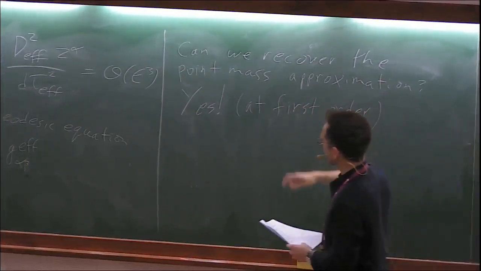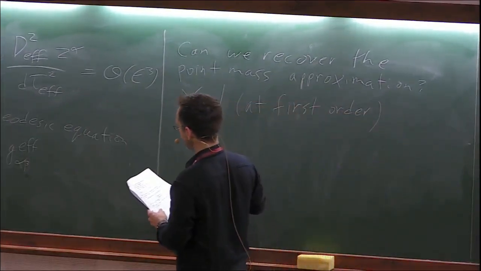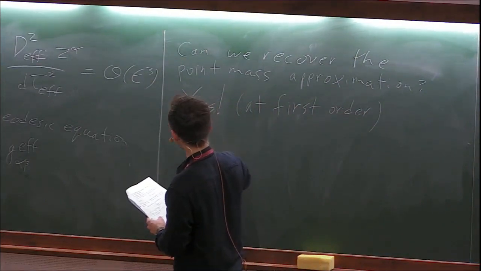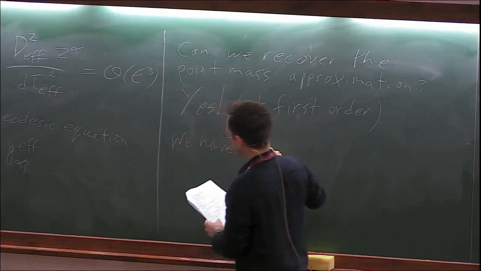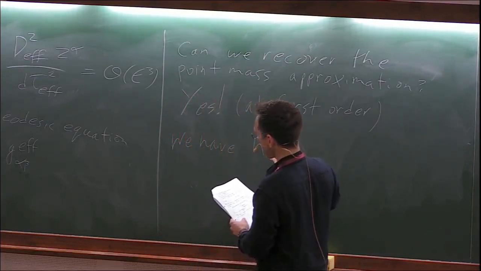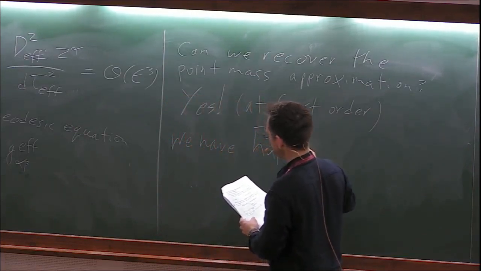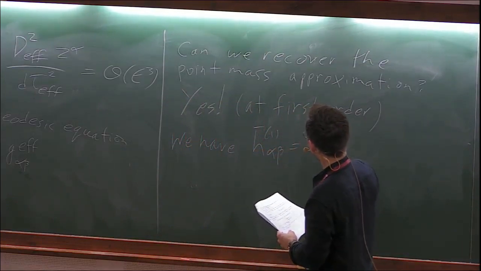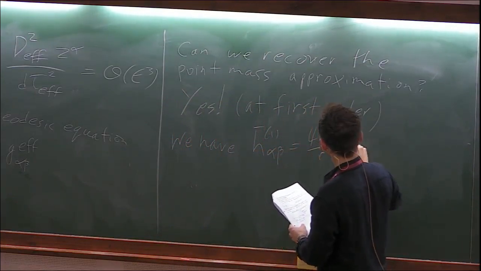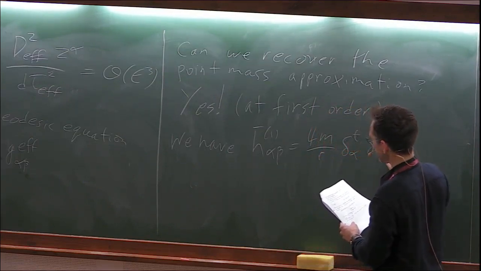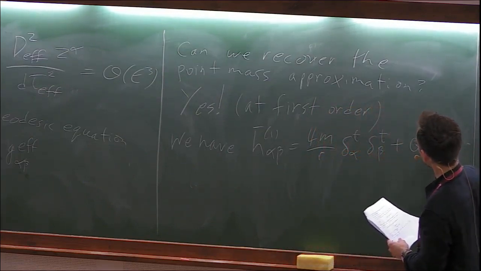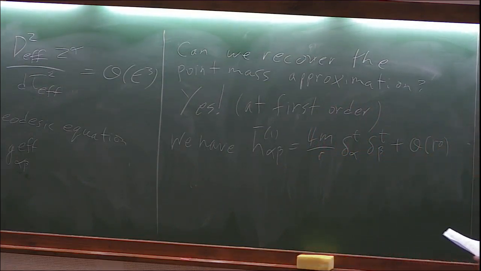Okay, so how do we show that the point particle approximation is correct to use at first order? So we have that h bar 1 alpha beta is 4m over r delta t alpha delta t beta plus order r to the 0 corrections.